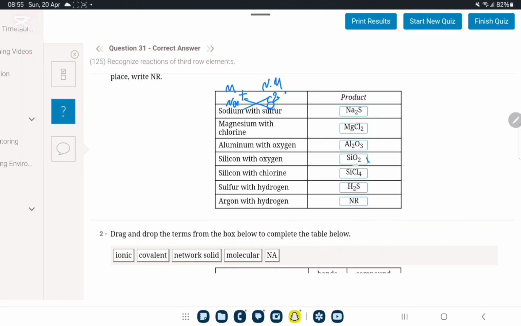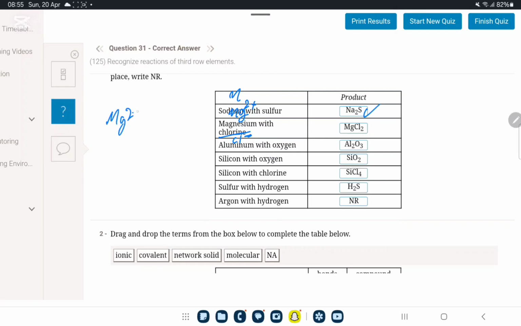And then magnesium with chlorine. Magnesium Mg is a metal. It is in group 2, so it has a charge of 2 plus. Chlorine is a non-metal. It's in group 7, so it has a charge of minus 1.